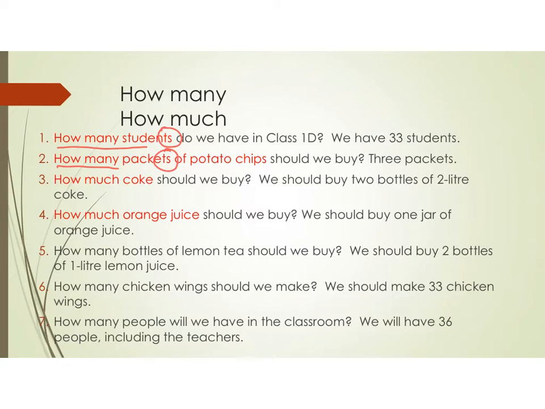So when you look at the examples again, you notice that we use how many with students, packets of potato chips, but we use how much when we talk about Coke and orange juice. Why? Yes, students and packets are countable nouns, 數得嘅名詞.